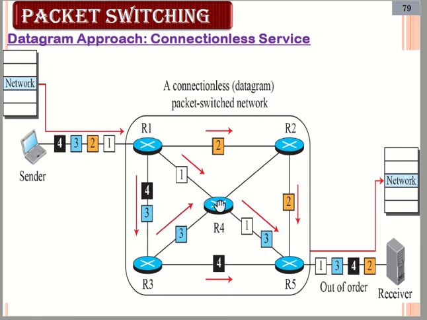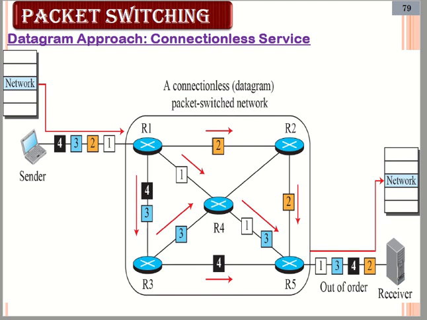It does not mean that the frames reach the destination in the same order in which they were sent from the source. It can be any order. You can see the frames we received are out of order. Even though we sent them in the order 1 2 3 4, we received them in the order 2 4 3 1.